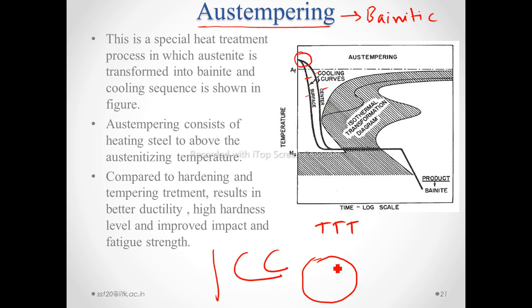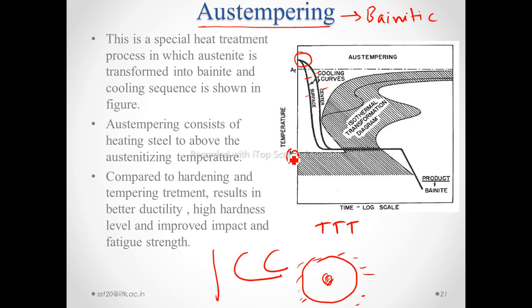The cooling rate at the surface is totally different from that of the center, so there are two different curves, and they are cooled up to just above the Ms, the martensitic start temperature.